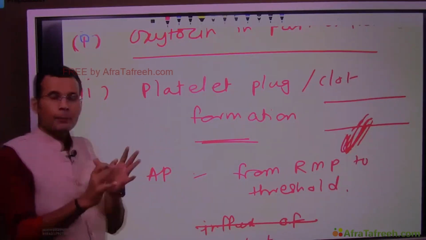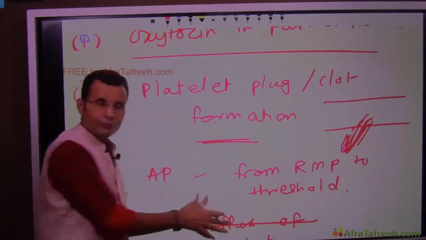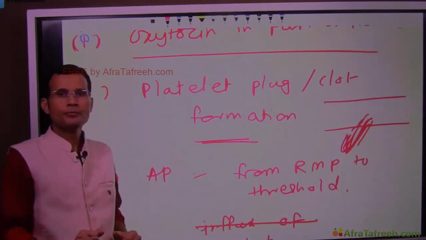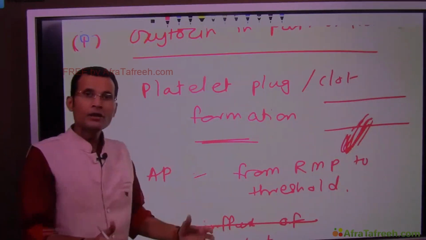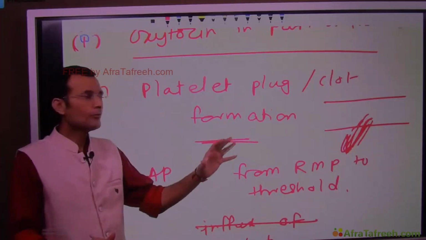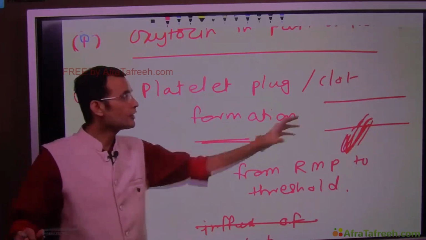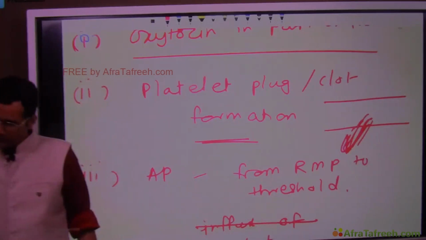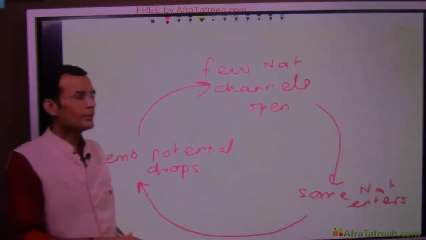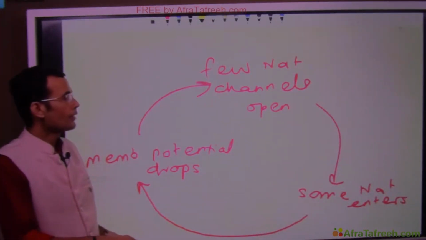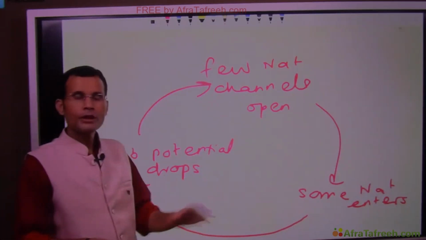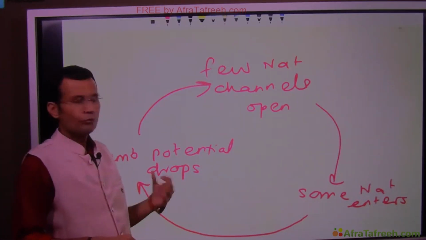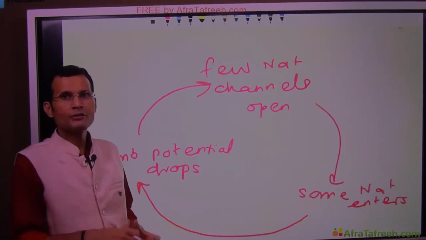So platelet plug formation itself is a positive feedback process, but it is helping a larger process of negative feedback, the restoration of circulating blood volume. So that is how you should look at these concepts and principles. That's all for this particular segment of concepts and principles in general physiology.